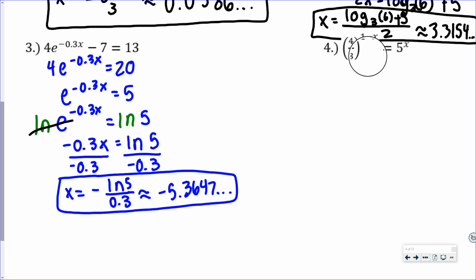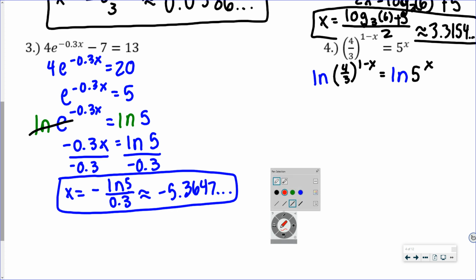So here's where our last lesson comes into play. We can take the natural log of both sides. That's fine to do as long as you do it to both sides. It doesn't undo my bases. But what we can do is use the power property so that this exponent can come out in front.